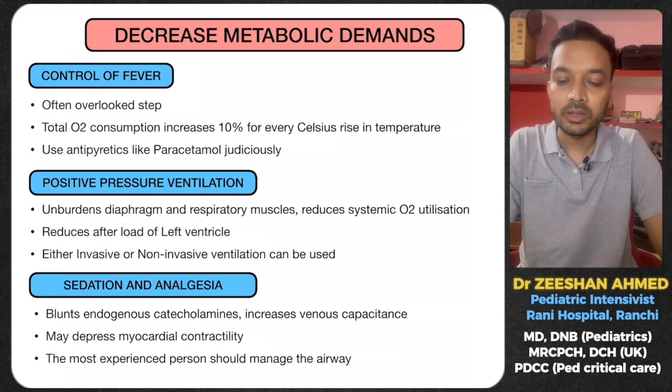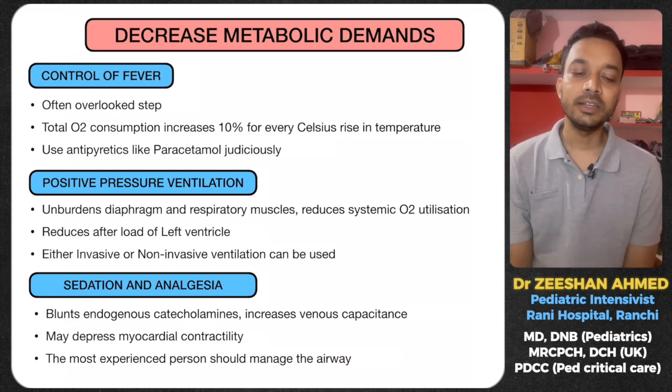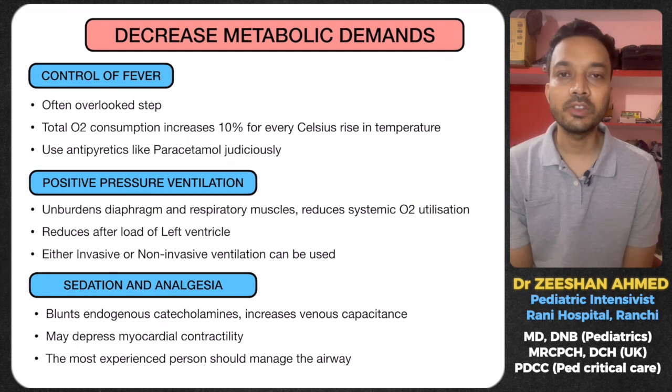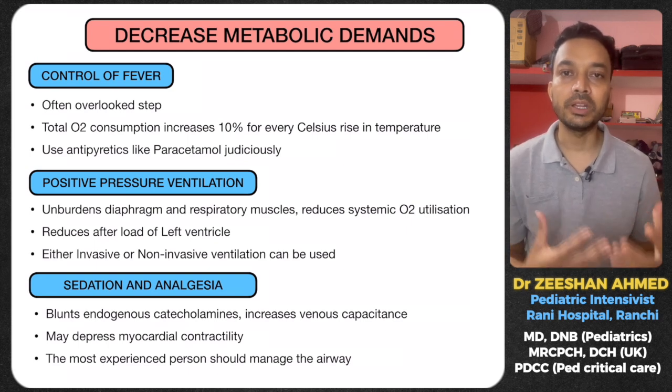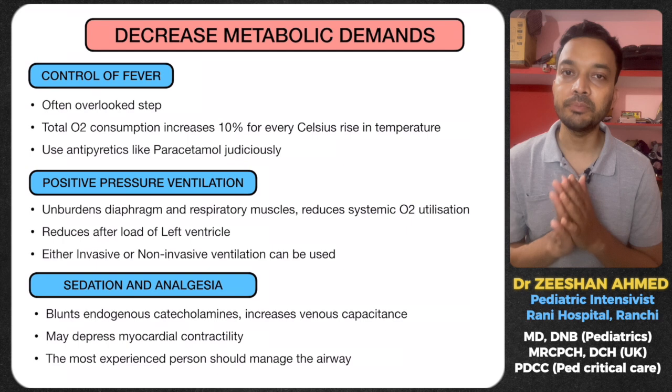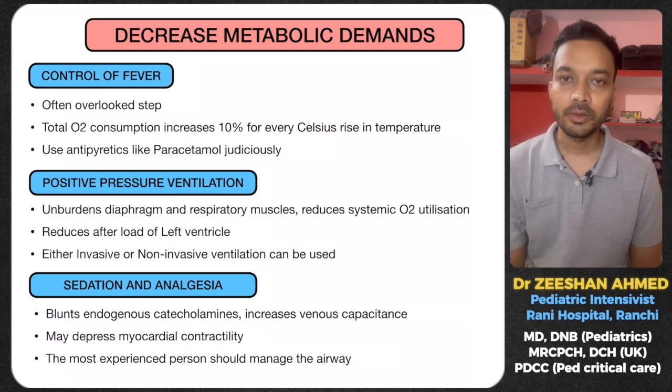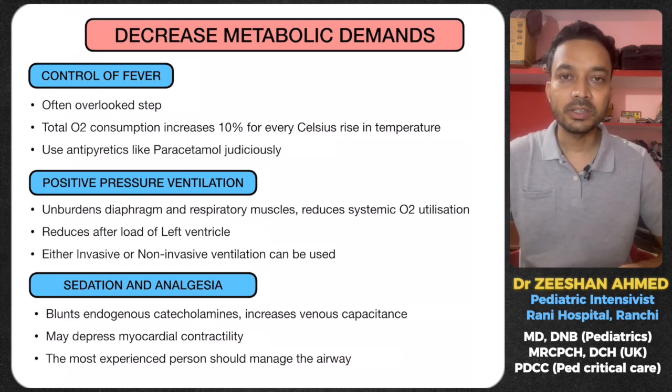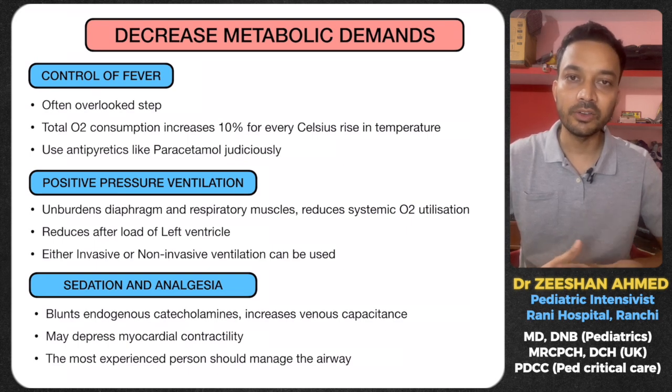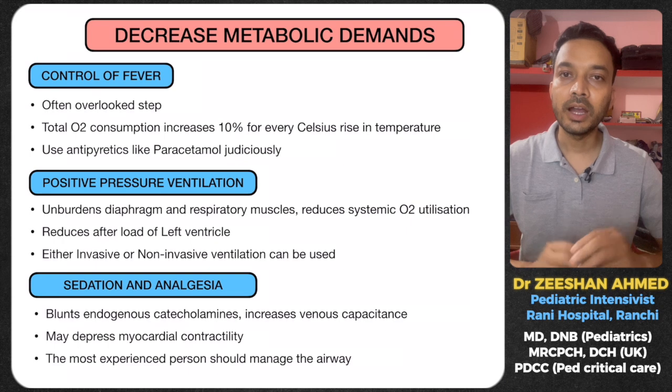What they do is blunt the endogenous catecholamines and increase the venous capacitance of the body, which leads to peripheral pooling of blood, which decreases the preload to the heart. But there is a major side effect. It may also depress the myocardial contractility of the heart. So we have to use the minimum sedation possible.